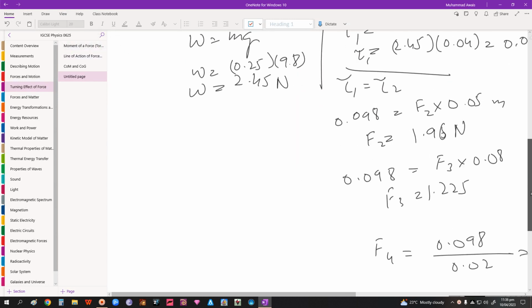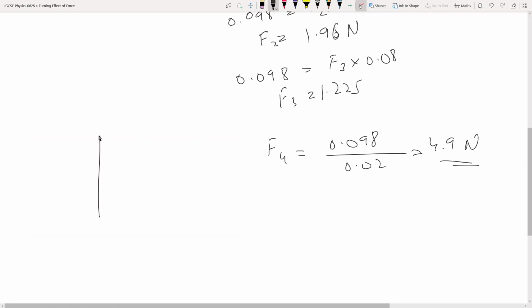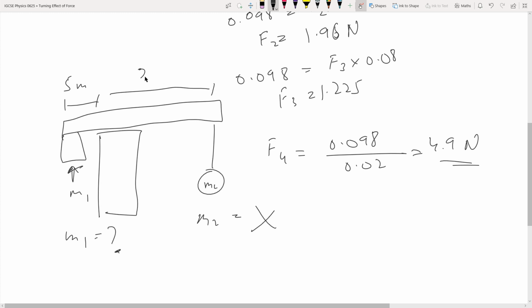Another more common example is actually of a crane, right? A crane has these balancing blocks over here, which is a steady mass, and it is going to lift something up, which is M2. So if M2 is a certain value, let's say it is X, how much M1 is going to be required, considering that this is 5 meters and this is 20 meters away?